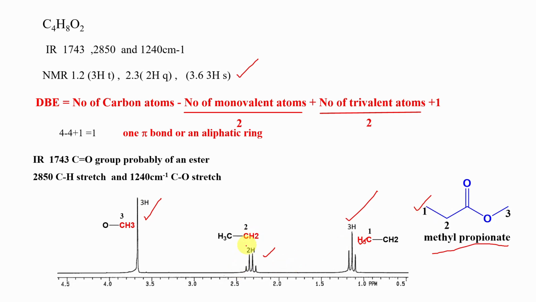Then the third carbon atom, this CH3 group, is not attached to a carbon atom containing hydrogen atoms, but is attached to the oxygen atom, and so it gives only a singlet. So our molecule is methyl propionate.